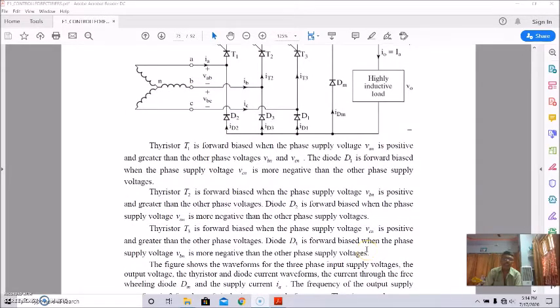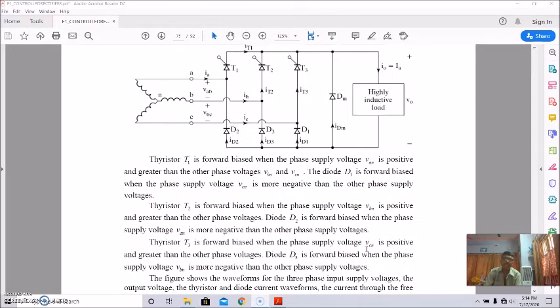And thyristor T3 is forward biased when the phase voltage VCN is positive and greater than the other phase voltages.